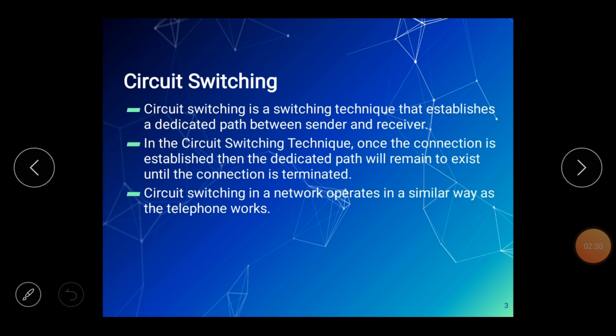So there is a dedicated technique, and there is no type of collision among the data. Means if more than one sender is sending the data on the same path, there may occur a collision. You can say that circuit switching is a collision free switching technique.